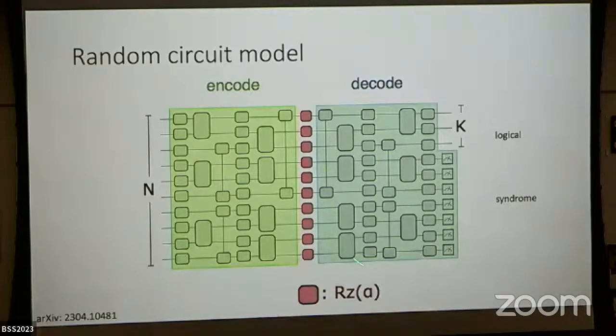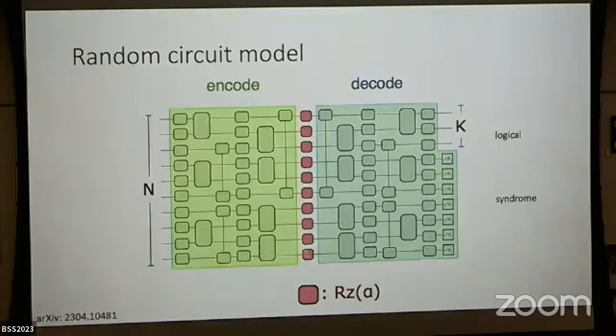And then we also have this decoder, which is the inverse of the encoder. So if you ignore the red squares in the middle at first, all we're doing is encoding and decoding with this random Clifford circuit. And we designate some qubits to be the logical qubits and the rest as the syndrome qubits. So we can measure the syndromes and get some information about the logical state.